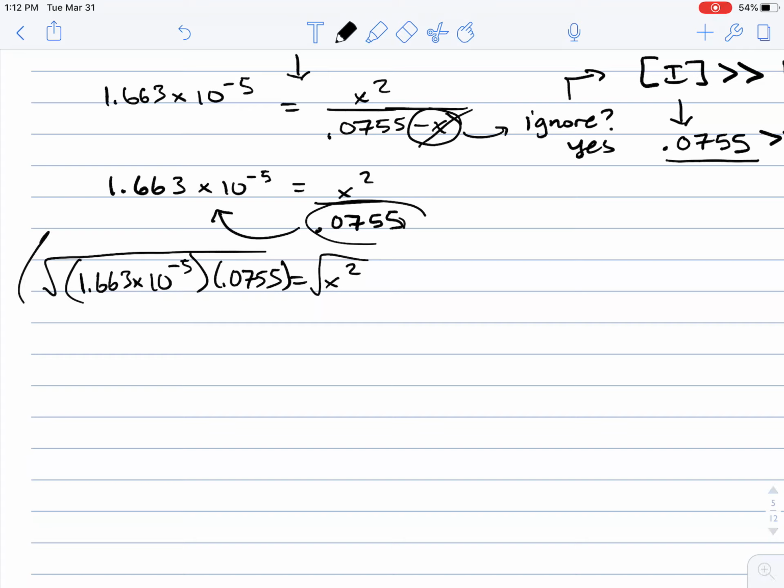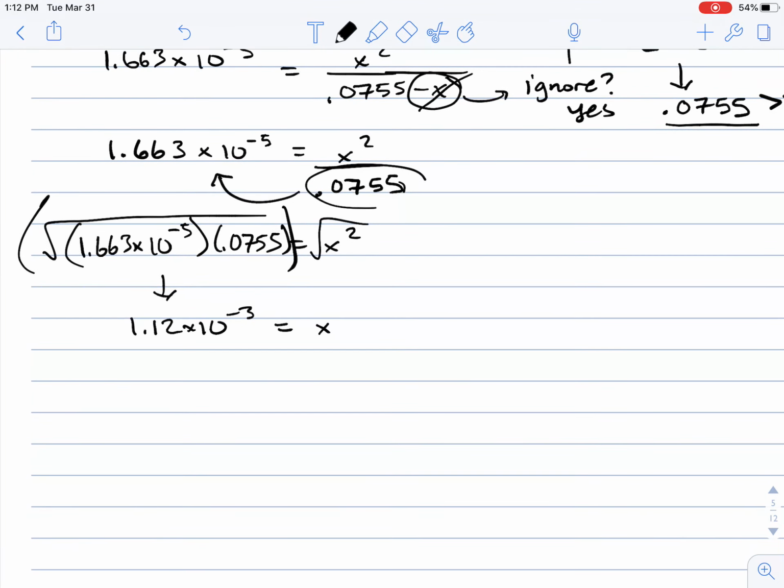If you plug all this into your calculator, the value for x is going to be 1.12 times 10 to the negative 3, and that's going to equal x.